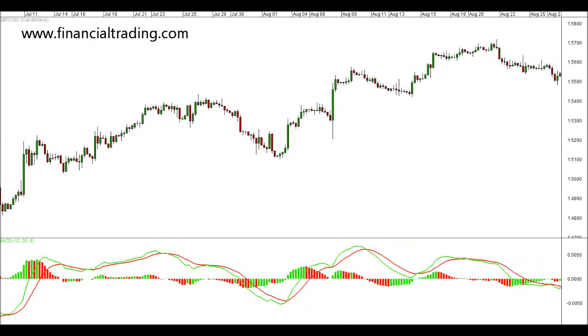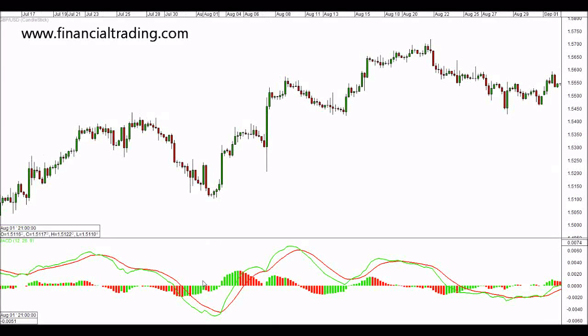It might be interesting just to compare the MACD crossovers with how price is reacting on our candlestick chart. So you'll see we have a crossover here, a bearish crossover, and I'll mark that with a trend line.